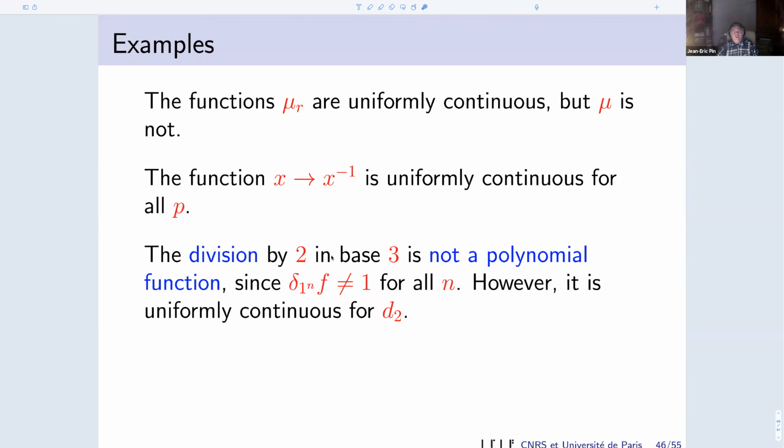The division by 2 in base 3 is not a polynomial function, because you remember we had these coefficients, so it's not a polynomial. However, it's uniformly continuous for D2. So if p equals 2, it is uniformly continuous.